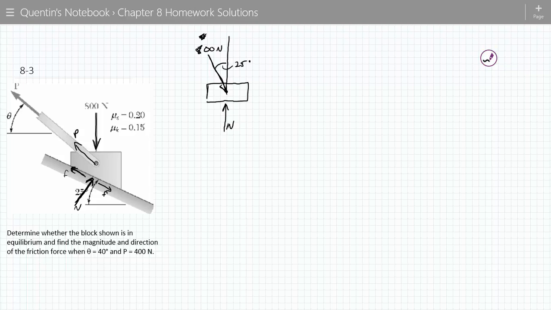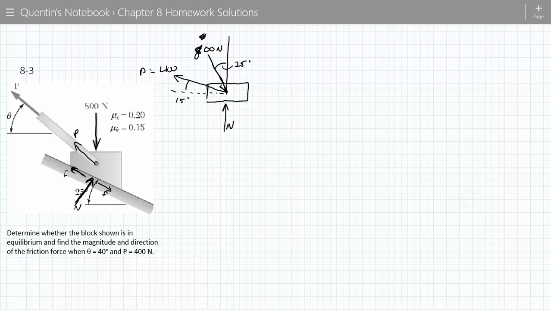And then this P is going to come off here. This is P of 400, at an angle of 15 degrees. Okay, so that is our free body diagram. Notice I didn't draw a friction force here yet. That's on purpose.